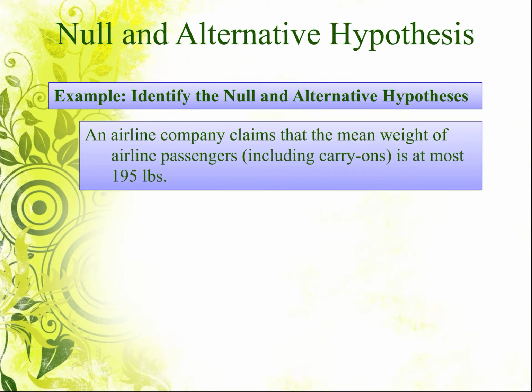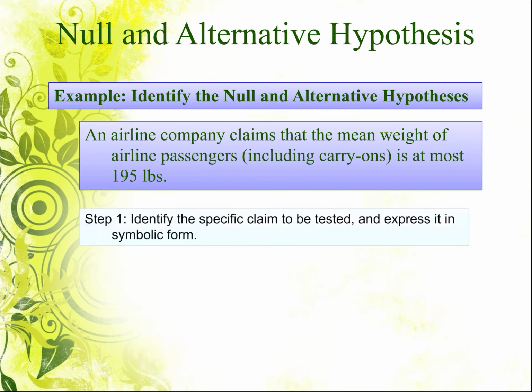Okay. Let's do an example. We're going to just identify the null hypothesis and the alternative hypothesis for this following statement. An airline company claims that the mean weight of airline passengers, including carry-ons, is at most 195 pounds. Okay, remember the examples we were doing a few minutes ago. At most means less than or equal to.